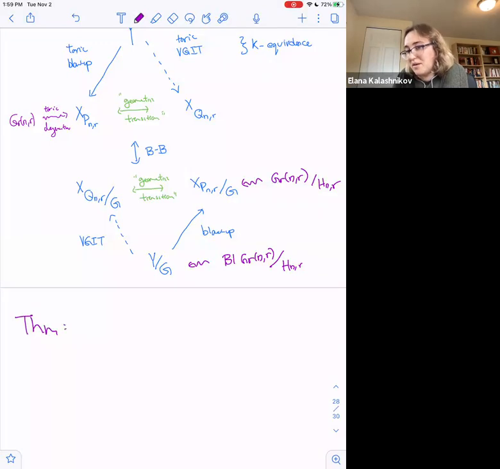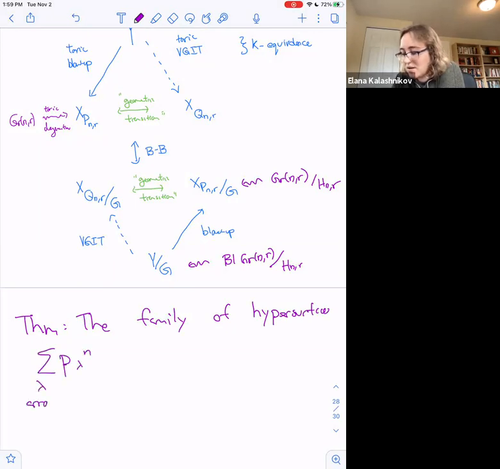and that's the key steps of the proof, which is that the family of hypersurfaces, the sum of P_lambda to the n over lambda, an arrow partition, plus psi, that's my parameter, times the product of P_lambdas, where lambda is a maximal rectangular partition.